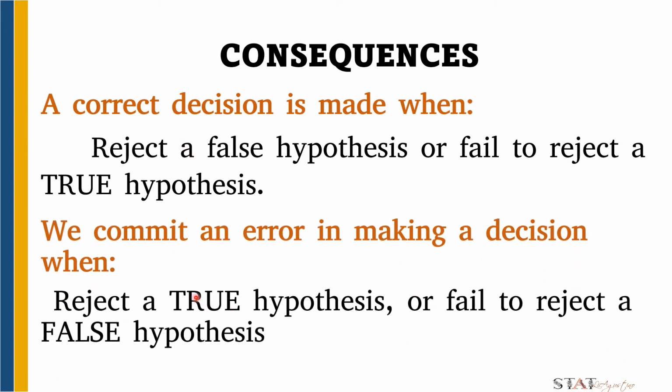On the other hand, we commit an error in making a decision when we reject a true hypothesis or fail to reject a false hypothesis. We know that in this life or in testing, there is no such thing as 100% sure. So if we reject a true hypothesis or fail to reject a false hypothesis, then we commit an error.